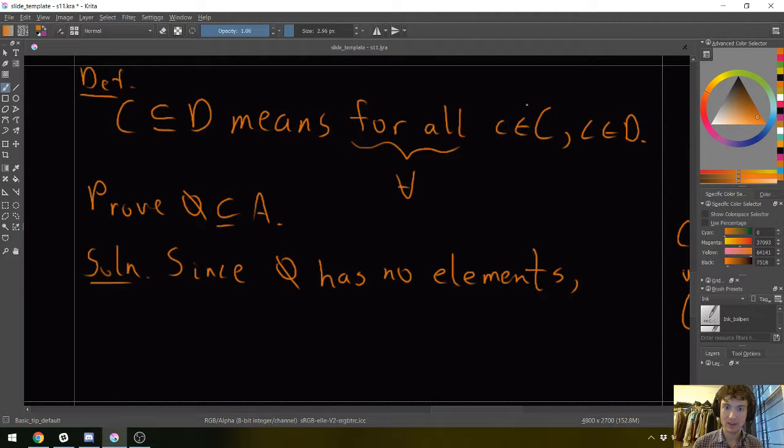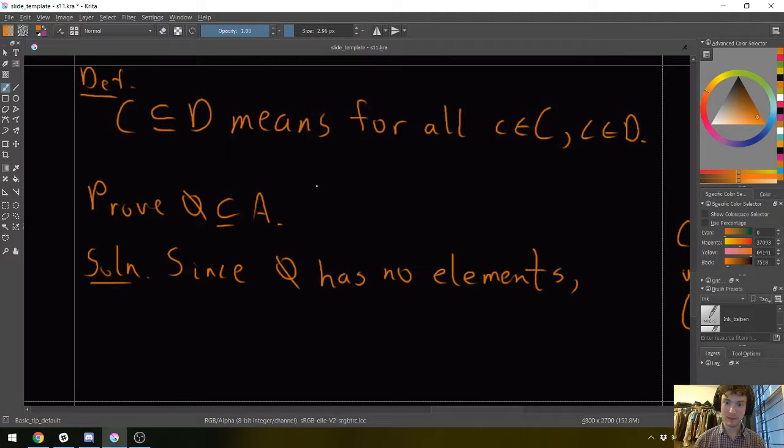So if I get to the end and I haven't failed, that means C is a subset of D. In the case of the empty set, there's no elements to check. So I automatically get to the end of this iterative procedure to check that every element of the empty set is in A. I get to the end immediately because there's no elements to check. And since I've gotten to the end of the procedure, that means that it succeeded, right? There's no elements to check, so it is automatically true, right?